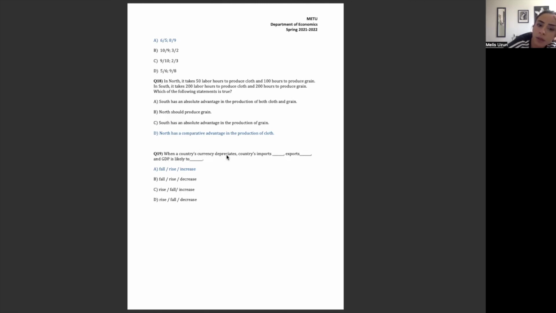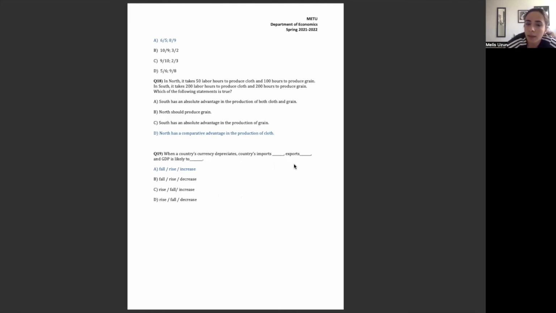When a country's currency depreciates, the country's imports will fall, because it will be expensive to buy goods from foreign countries.